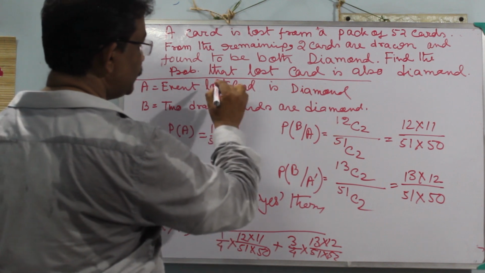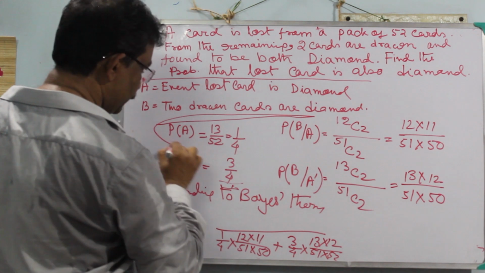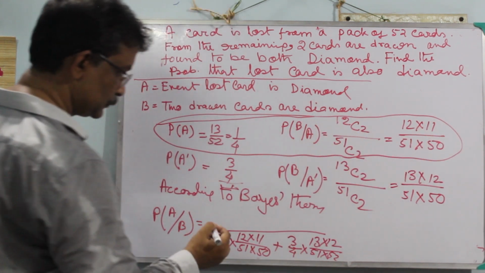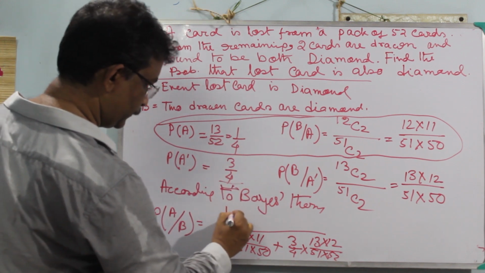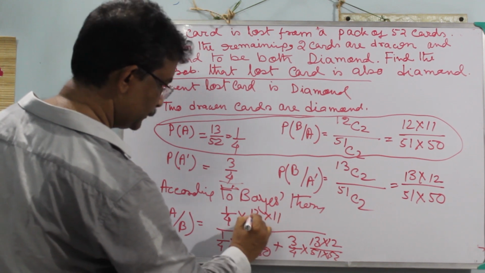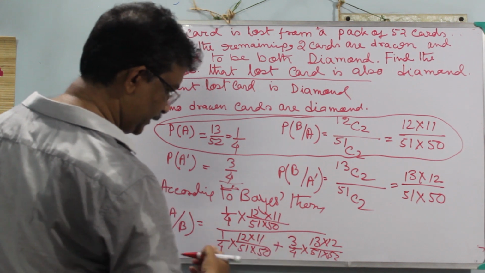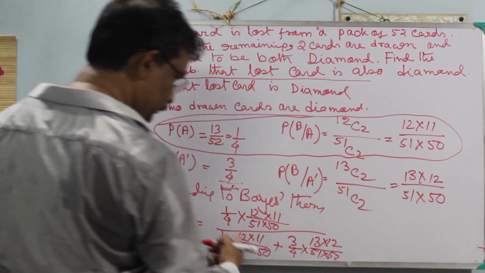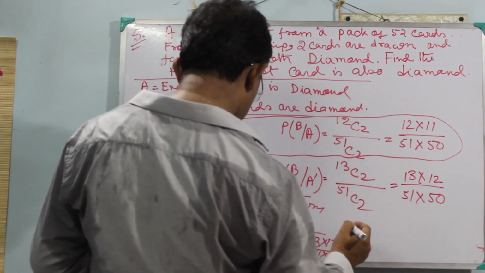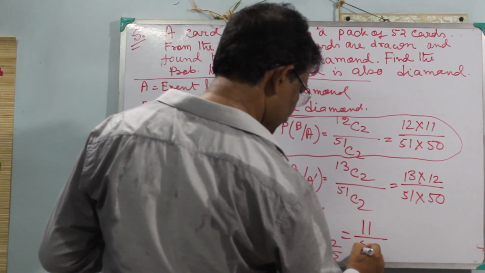Now, what is the probability that the lost card is diamond? The lost card is diamond, that means I want this branch as numerator. So 1 by 4 into 12 into 11 by 51 into 50. You simplify, the LCM would be the same. After simplification, we will get the result 11 by 50.